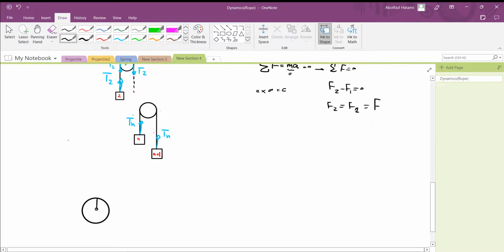Here we have T equals m beta, and here I have T1, and here again I have T1.